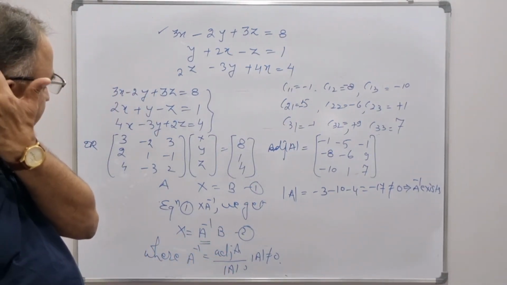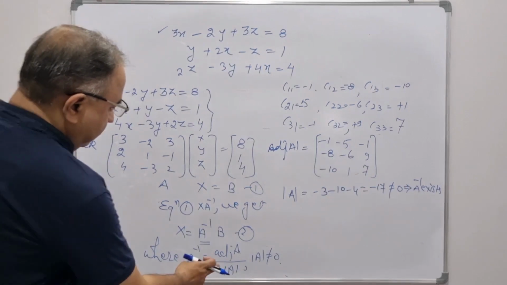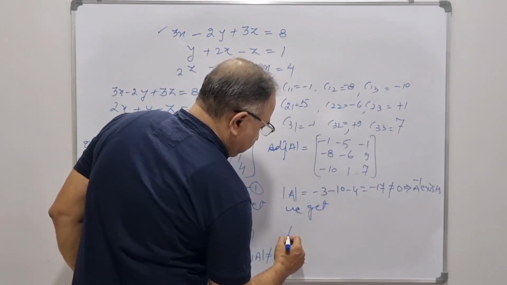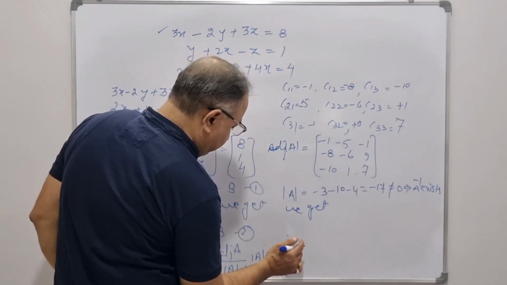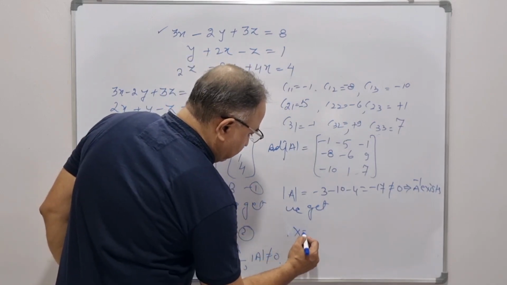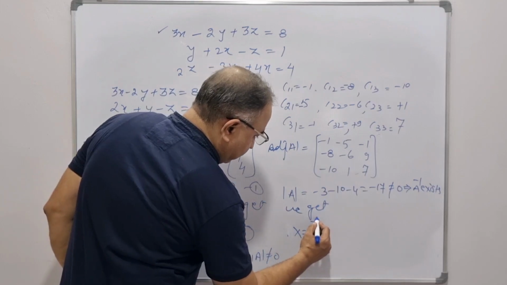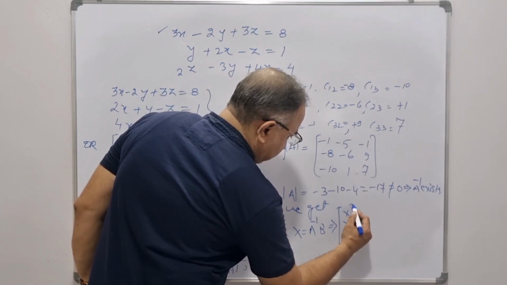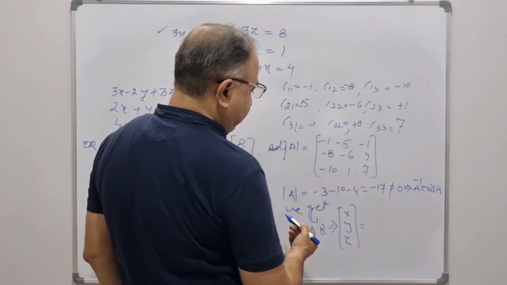Now substituting these values in equation number 2 here, we get x equal to A inverse B, right? So x means X, Y, Z equal to A inverse. What is A inverse?